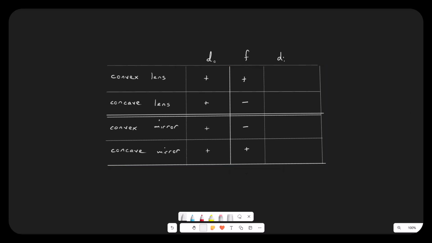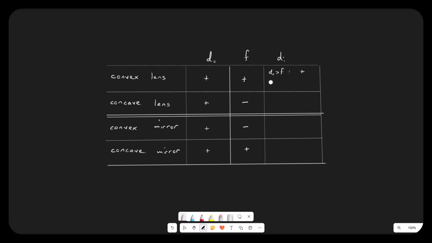Now we're going to pull together some of these other things. For a convex lens, if I have D object greater than my focal length, then my D image will be positive.